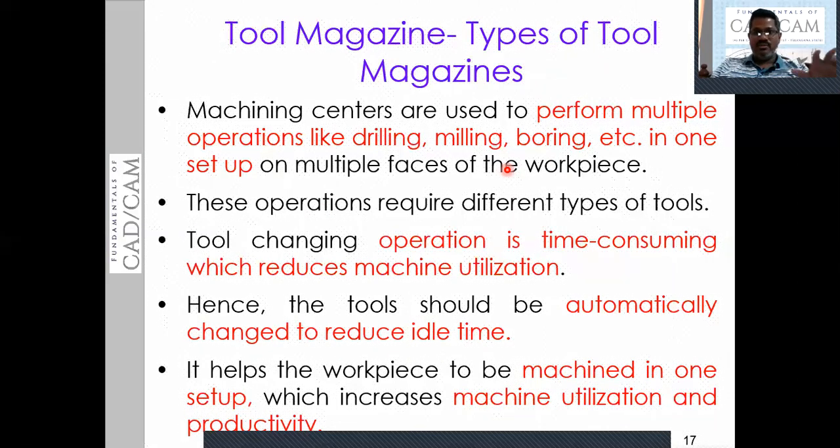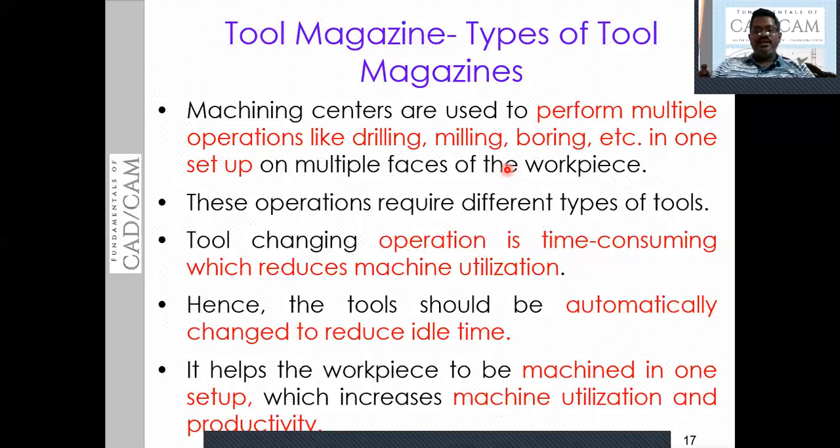But multiple operations can be performed only on a CNC machine, NC machine, or DNC machine. This is obvious, as we are improving the features of machines, NC to CNC, CNC to DNC.